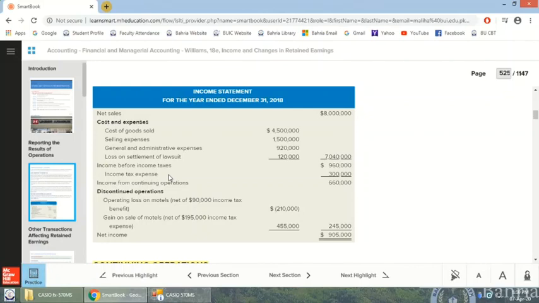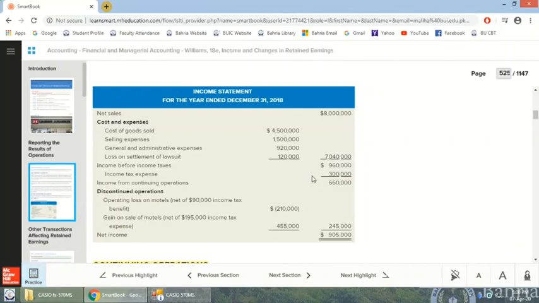You will know, and these would be subtracted from the net sales, and these have to be compiled, and then you get income before income taxes. Any kind of rate or percentage can be given to you for the tax. Normally for the corporate sector it is 35%, and from 35 to 40, it could be any percentage depending upon the nature of the business.